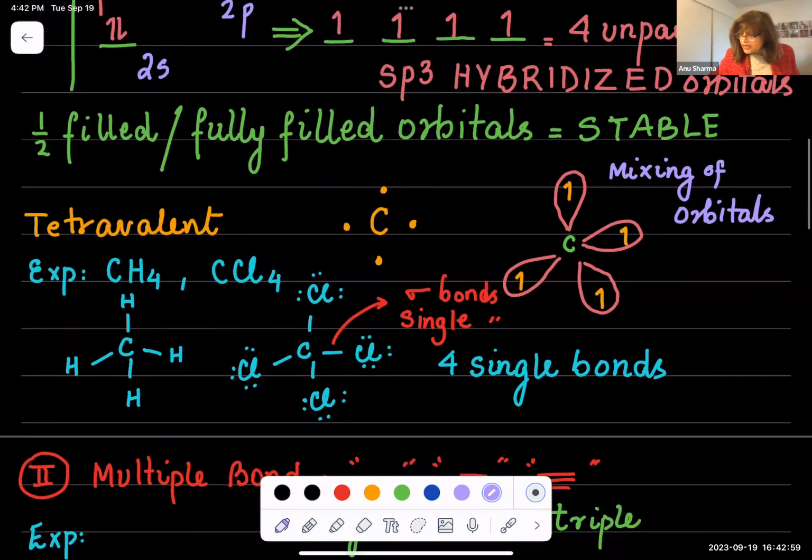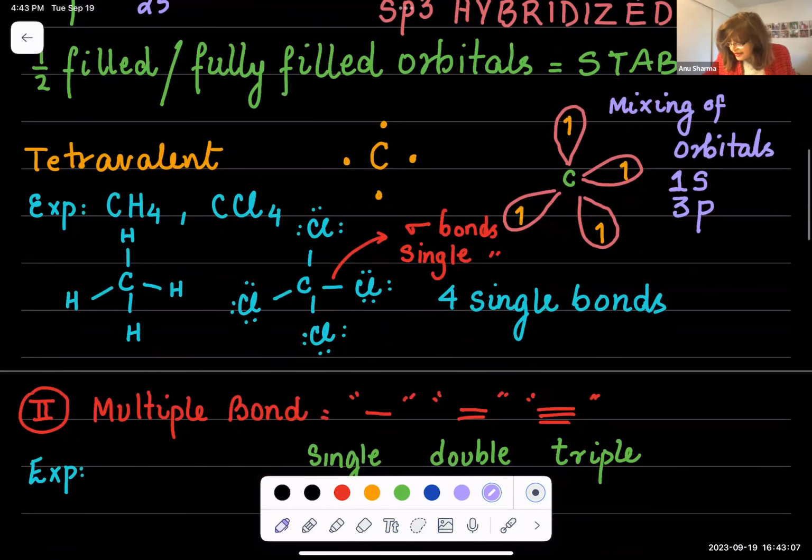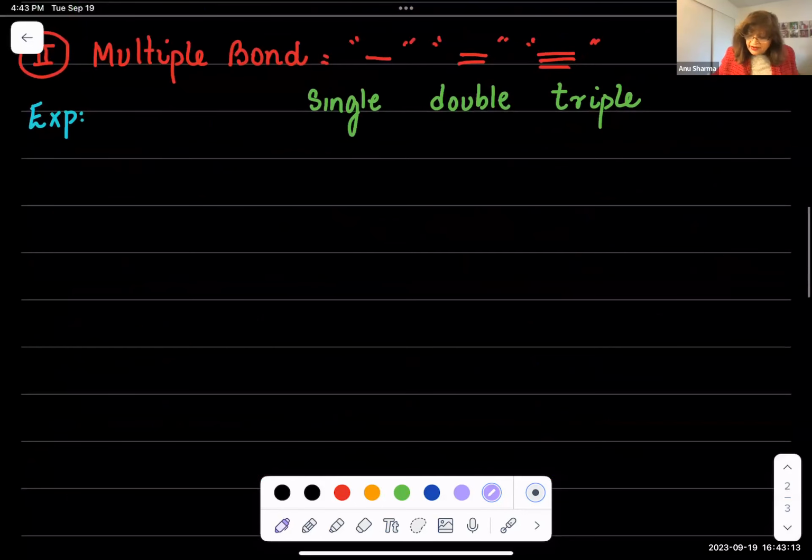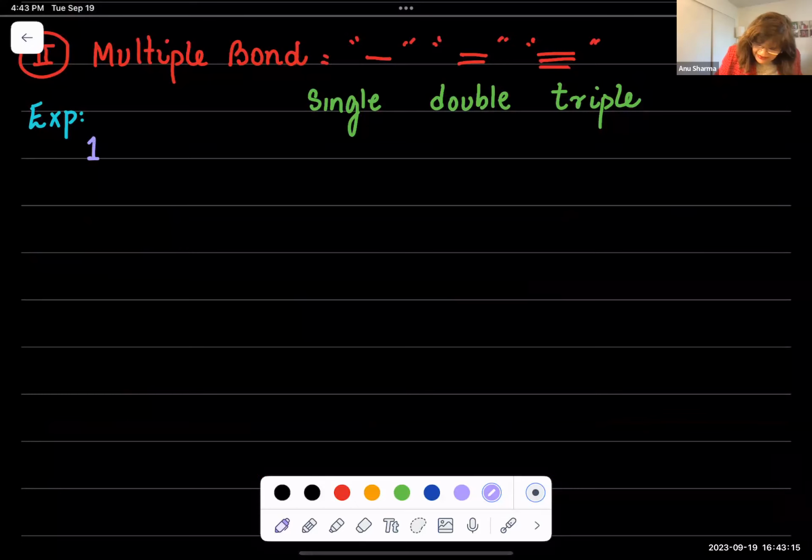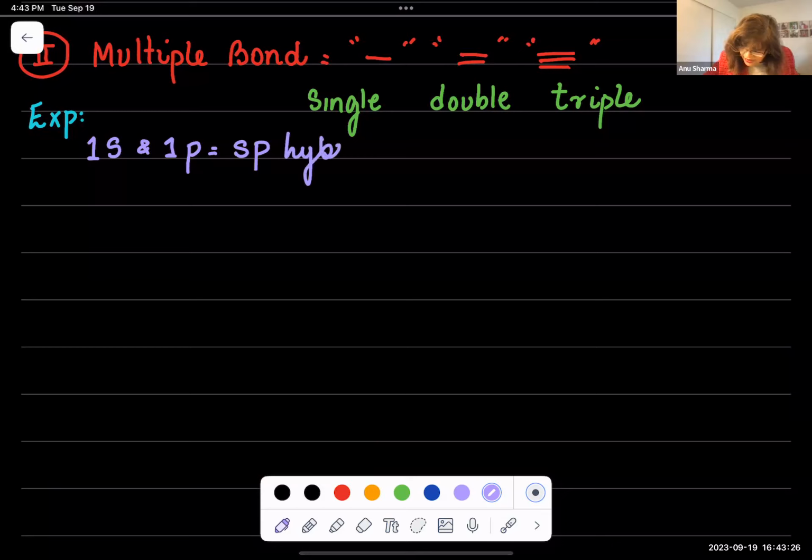So here we see 1 of S and all 3 of P's, they mix. And when they mix, they create sp3 hybridized orbitals. Okay, but on the other hand, 1 of S and 1 of P can also mix, and that can create sp hybridized orbitals.